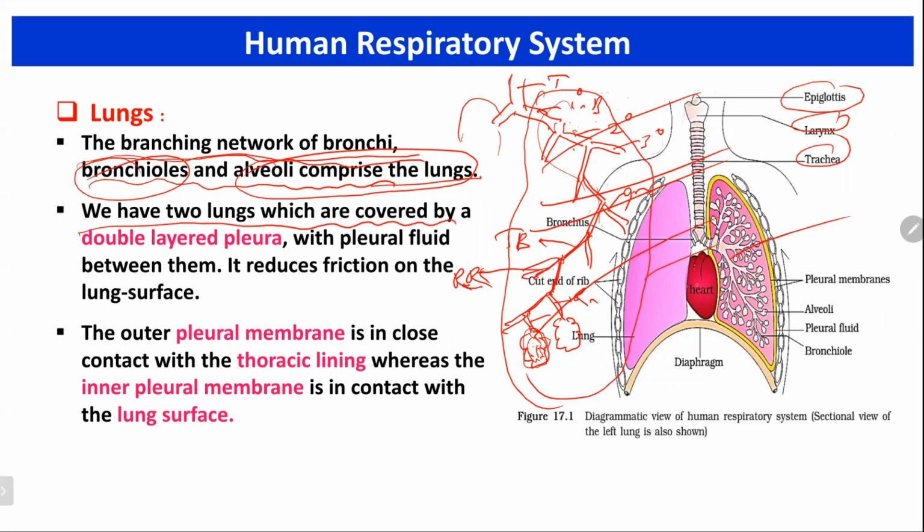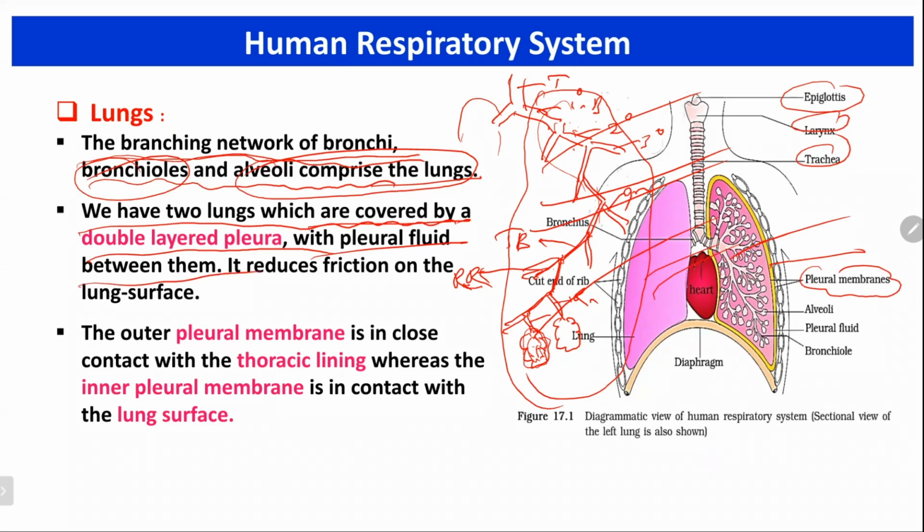You can see we human beings have two lungs, one pair of lungs, which are covered by double layered pleura. We have two lungs, and those lungs are covered by what? Double layered pleura. You see here pleural membranes I have shown: outer parietal pleura and inner visceral pleura. Inner visceral pleura, most important, right? And with the pleural fluid between them.